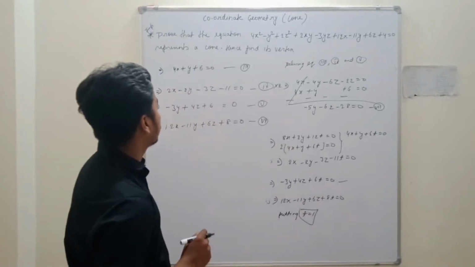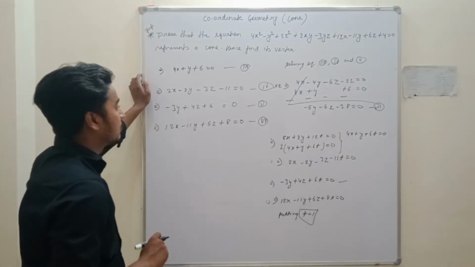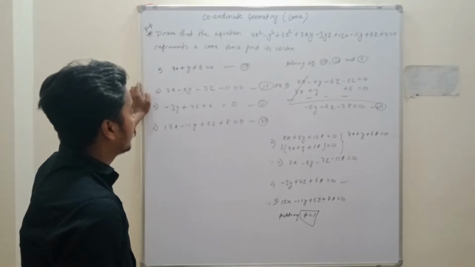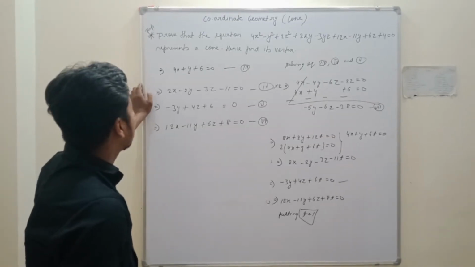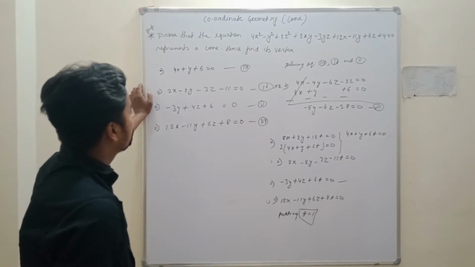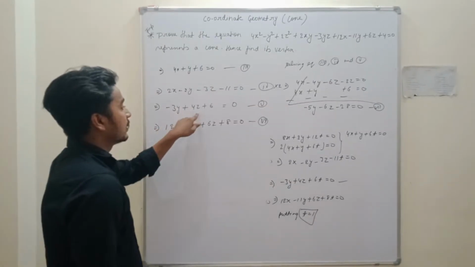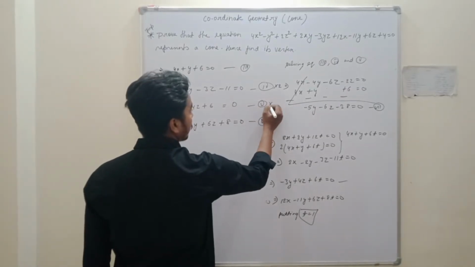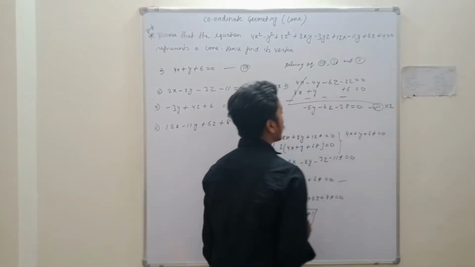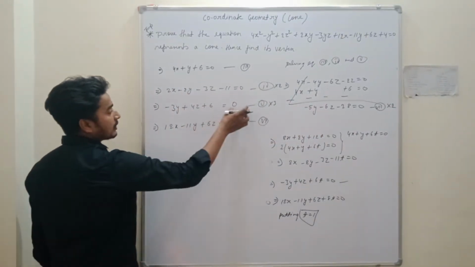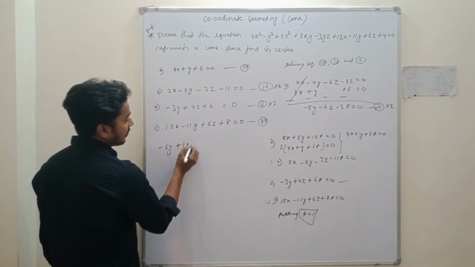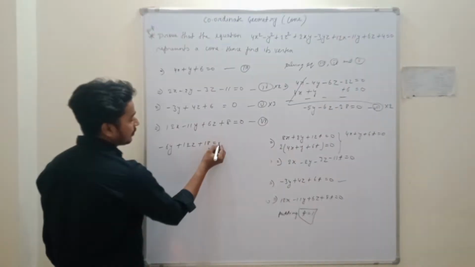Further, we have to use once again equations 3, 4 and 5. We have to eliminate z. Once again we have to multiply equation 5 with 3 and equation 7 with 2, then equation 5 becomes minus 6y plus 12z plus 18 is equal to 0.